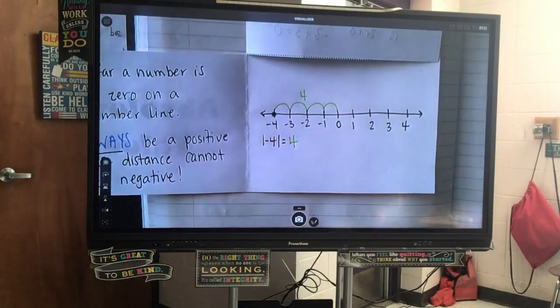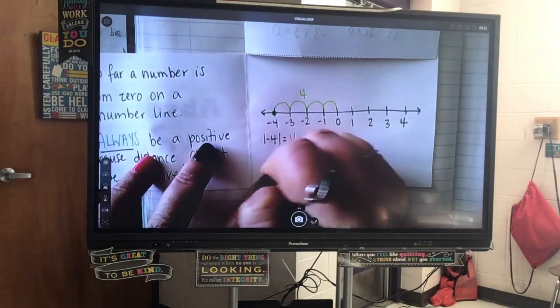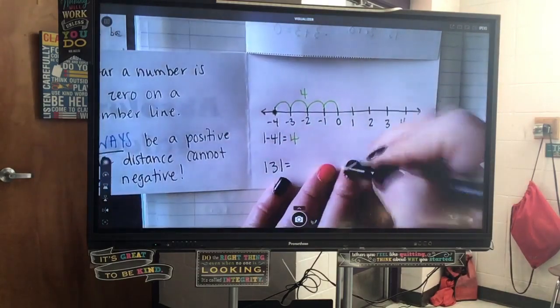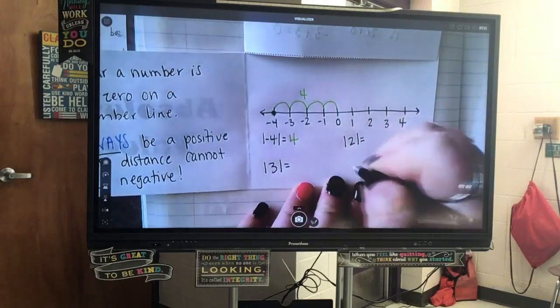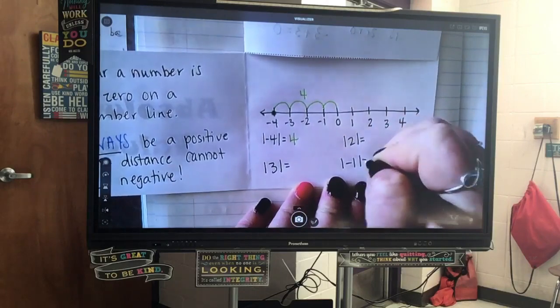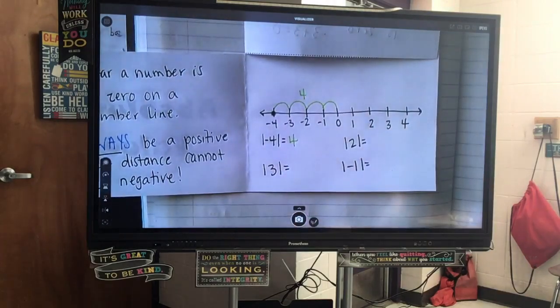Make sense? Okay, you guys are going to be doing the next 3 on your own. You're showing your hops in a different color. You're writing how many hops it takes, and then you're writing your answer.